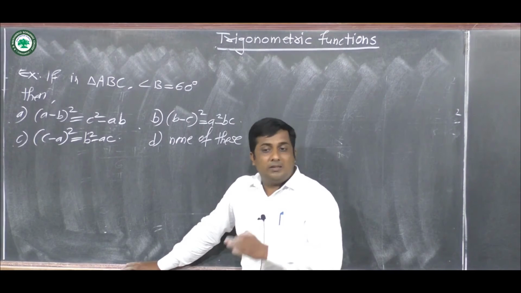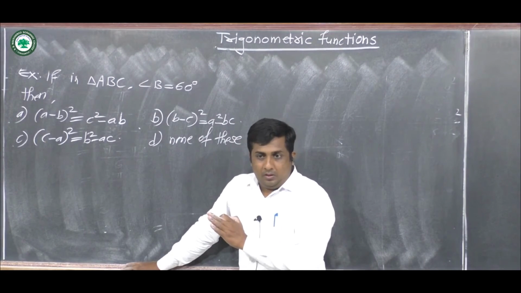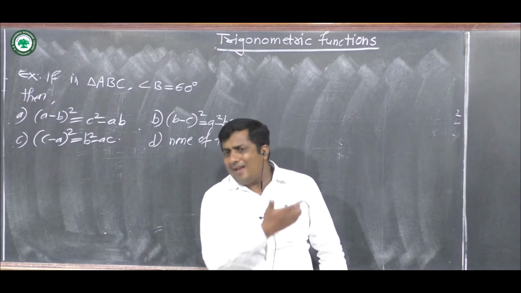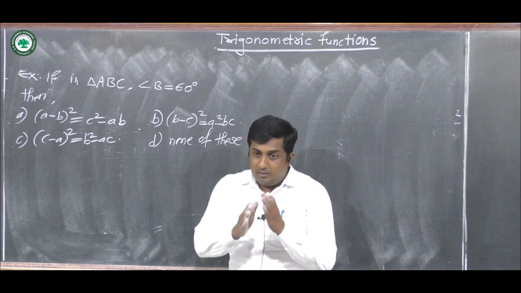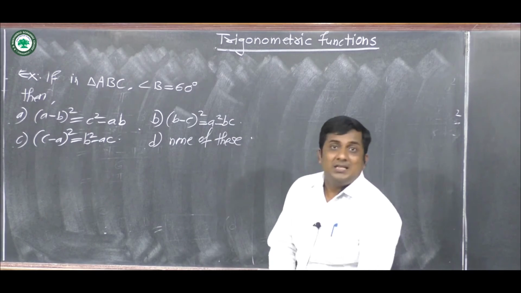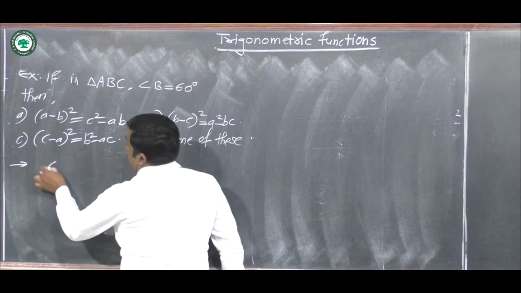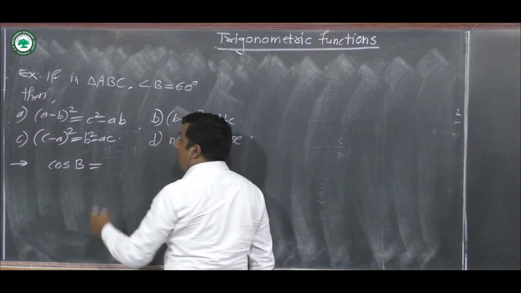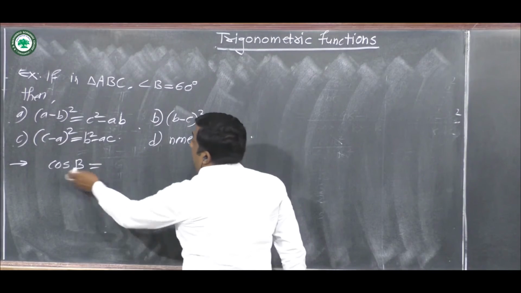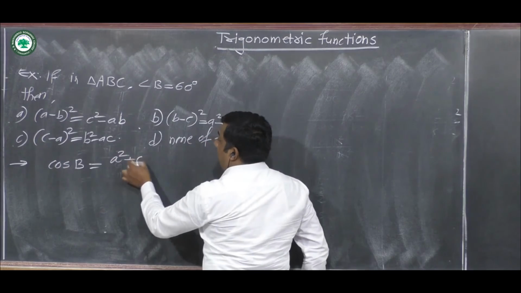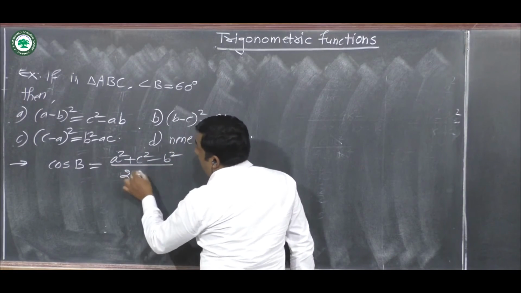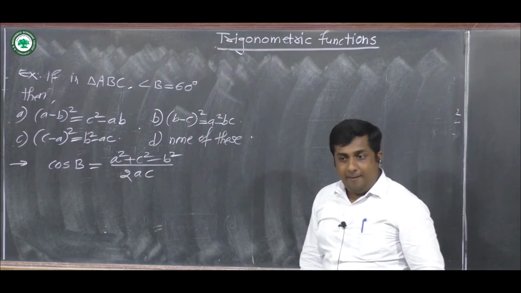So for this question we consider the cosine rule. If only one angle is given, then in the cosine rule, in the RHS we consider the lengths of the sides. Now see here, we define cos B, since angle B is given. Here cos B is (a square plus c square minus b square) divided by twice ac.